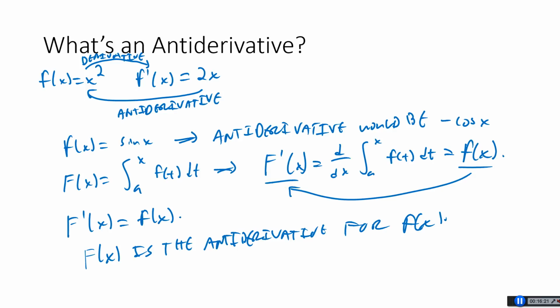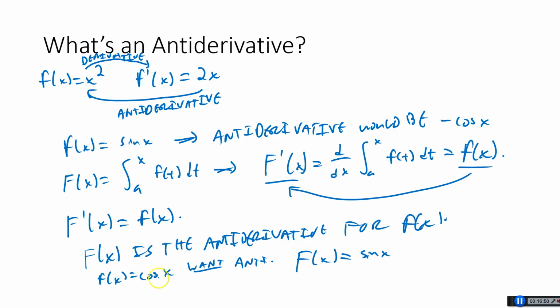Now, there is not always only one antiderivative. For example, let's say we're using cosine just to make things simpler. If lowercase f of x is cosine x, and we want an antiderivative for it, the simplest one would be sine x, right?